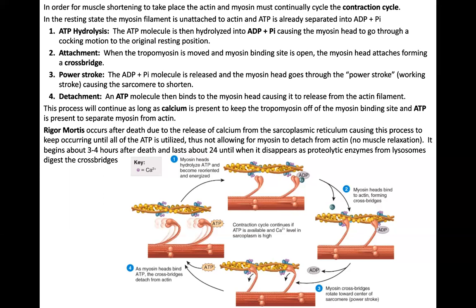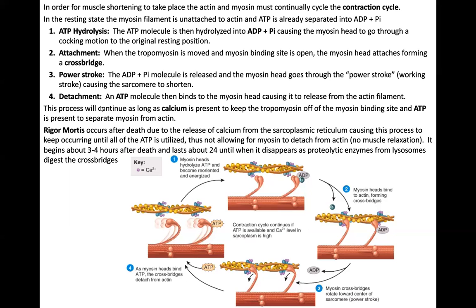It also goes by working stroke, as I've described it before. ADP and Pi are released. The myosin head goes through the power stroke, causing the sarcomere to shorten. So it goes from this position to being pulled, and in doing so, it yanks and slides the thin filament along with it.